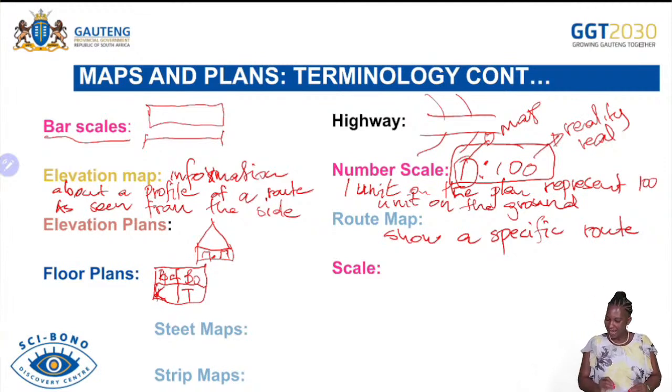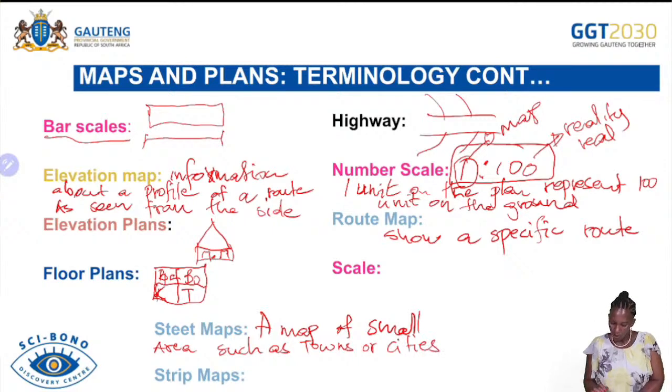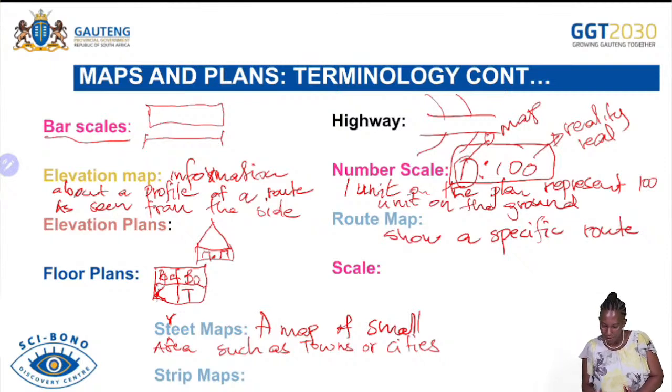So with the street map, we say a street map is a map of small areas such as towns or cities. Sorry, excuse me, there is an error there in terms of the spelling.